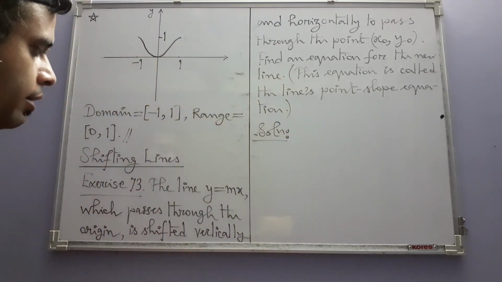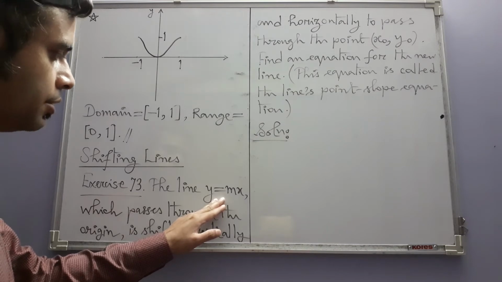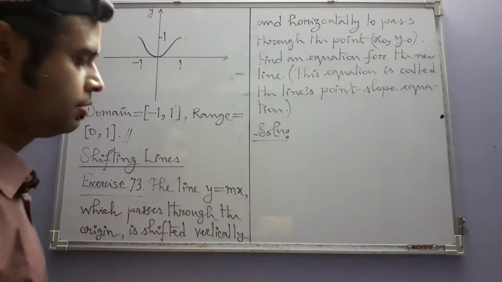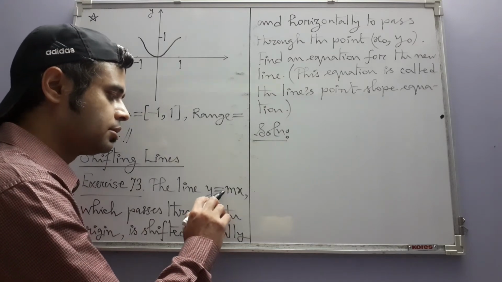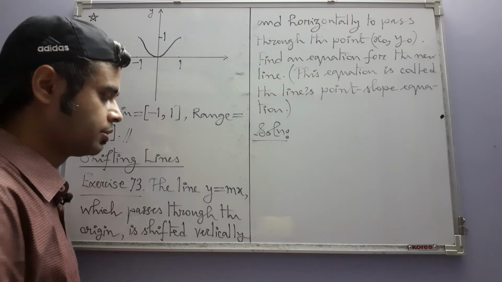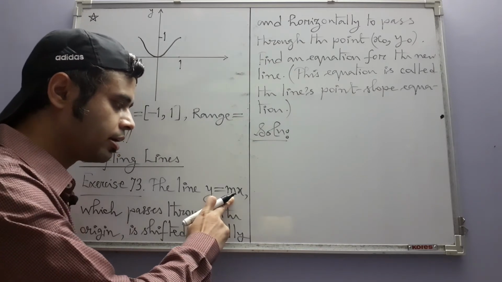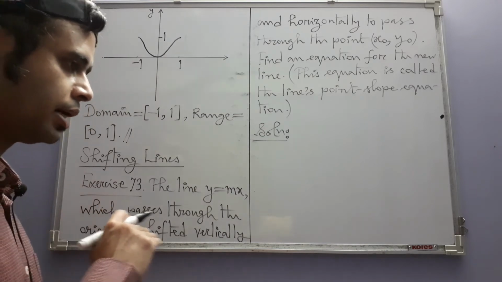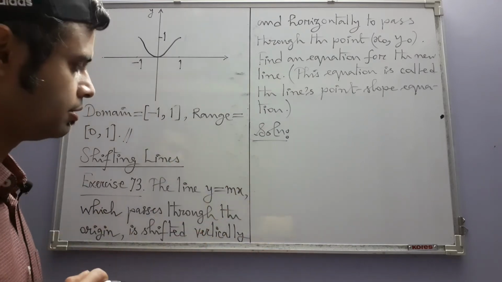Now note that in this general equation, m is an arbitrary constant. You can take any real number in place of m, and once you choose a real number, you get one straight line passing through the origin.